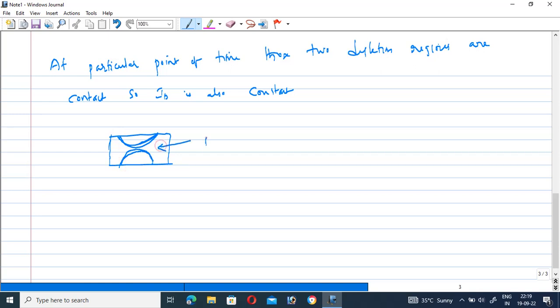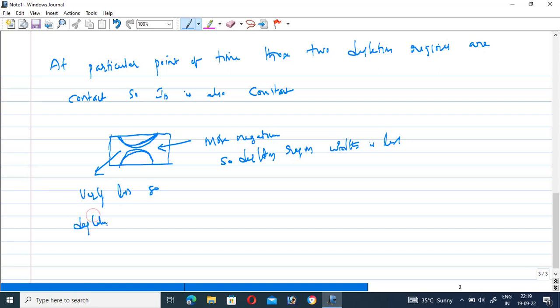Because it is more negative here, the depletion region width is less, but here it is very less, so the depletion region moves towards the n channel much more.